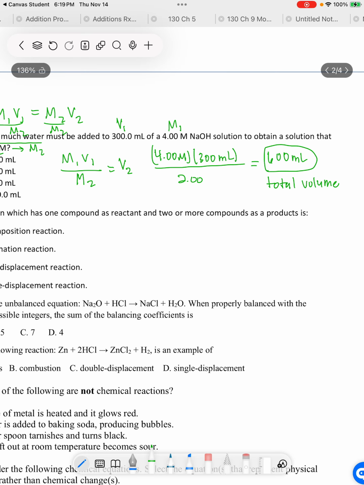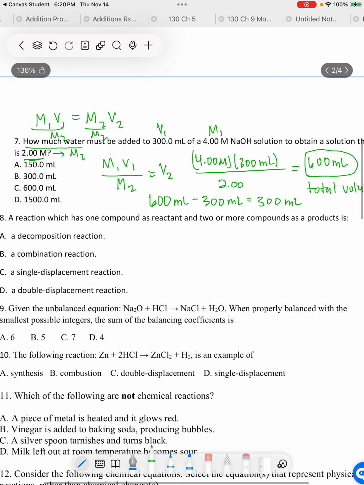So if our total volume is 600 milliliters, well, we need to know how much water was added. And we started out with 300 milliliters. So we just subtract that. And this is all in my head, so if this math up here is wrong, please check it for me. So I got an answer of 300 milliliters, and I will start number 8 on the next video.